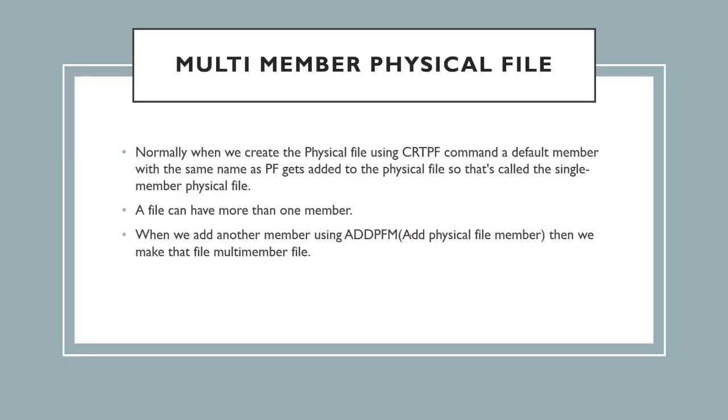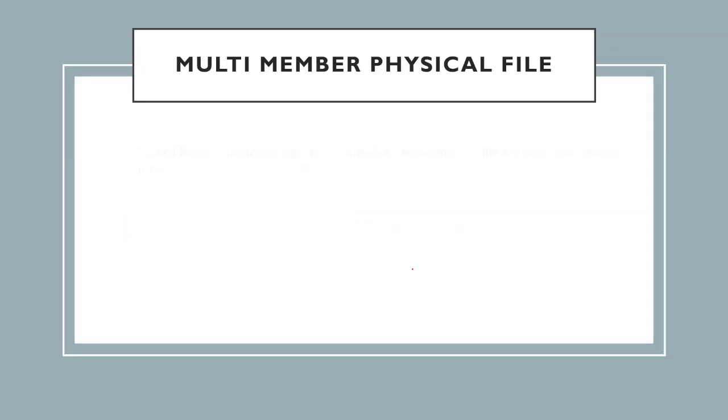You can add members by using ADDPFM, Add Physical File Member. We can add multiple members, up to the member count you give for that file. We will discuss where we give that member count. Each member has its own data path and access path.